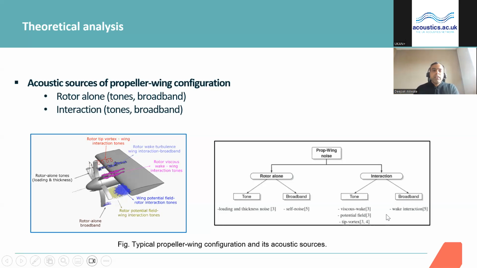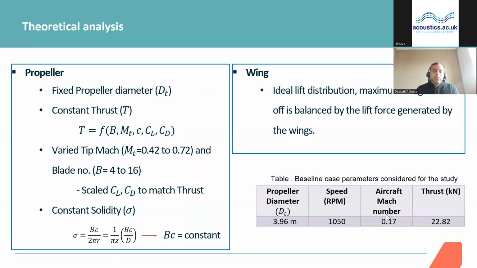So we know that there are numerous sources associated with it, and we want to look at how these noise sources change with respect to changes in the blade number and tip speed. For that, we again fix our constraints. For the propeller, as usual, we fix the blade solidity as well as the thrust.